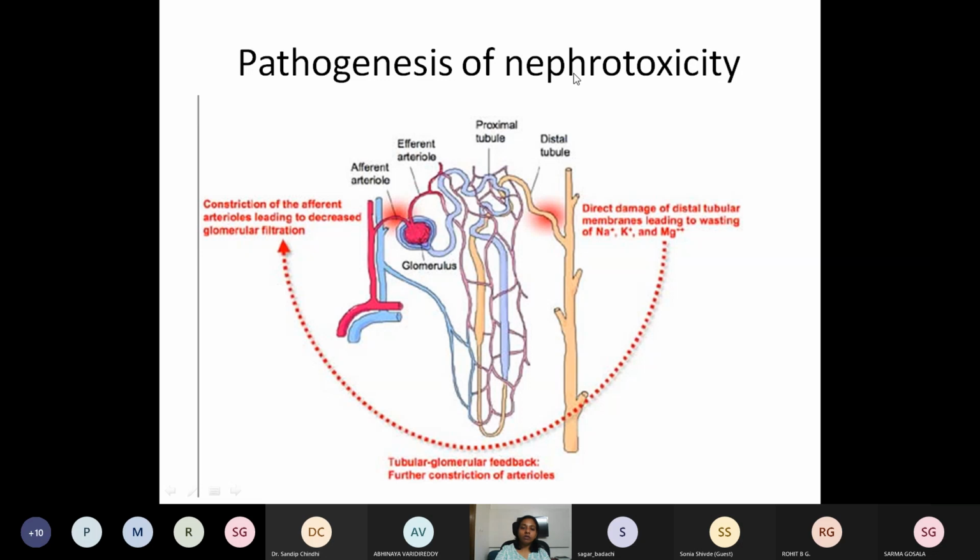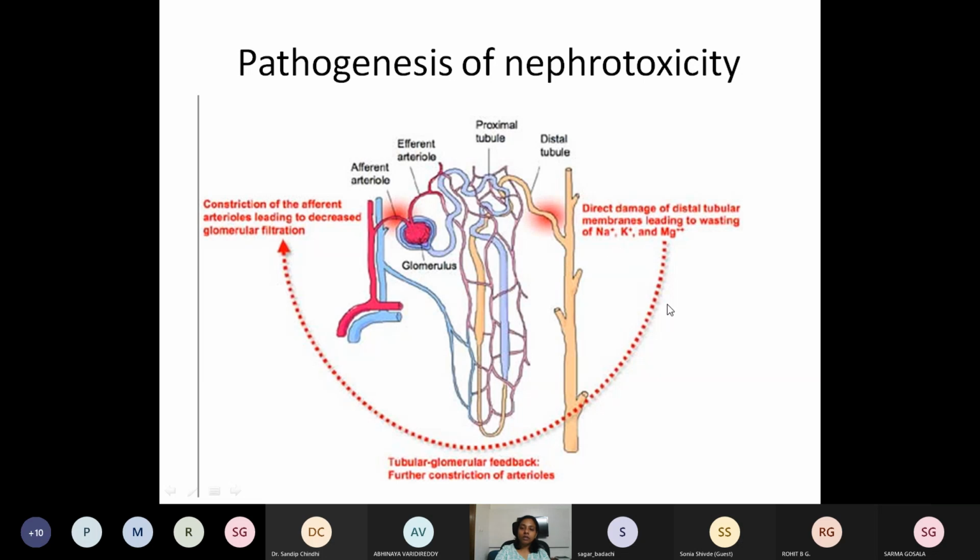This efferent arteriolar vasoconstriction happens, and also there is a direct damage to the distal tubules, and there's a loss of sodium, potassium, and magnesium. With the loss of potassium and magnesium, it results in hypokalemia and hypomagnesemia. And because of this, the hydrogen ions that are secreted move back from the lumen into the cells, and this results in the renal tubular acidosis because of this loss of acid-base balance.